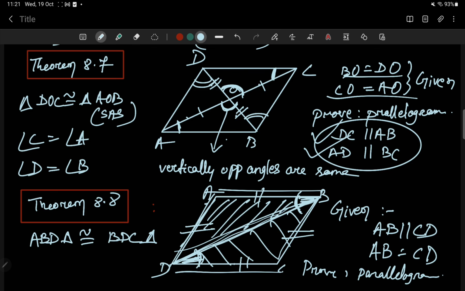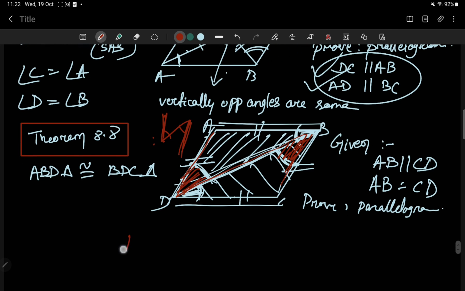Also I can say that this angle equals this angle, CPCT. Yes or no? This angle equals this angle due to CPCT, and these lines like this, this equals this, hence AD is parallel to BC. Okay, hence proved.